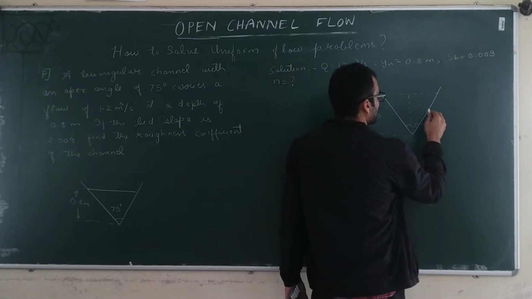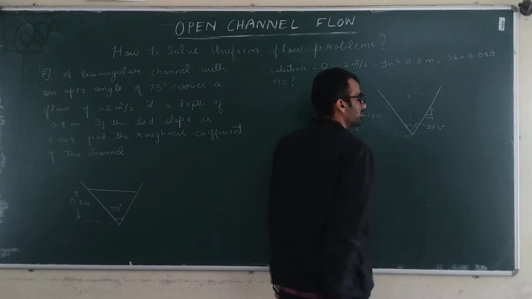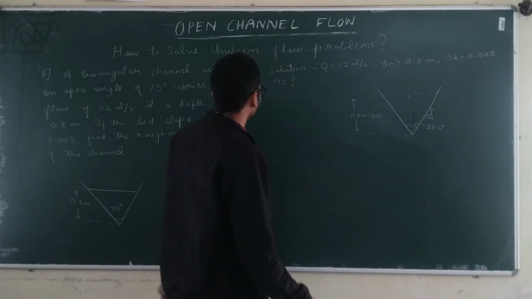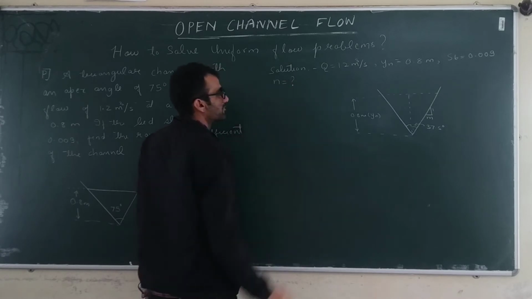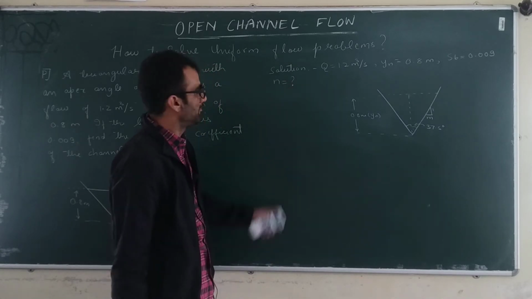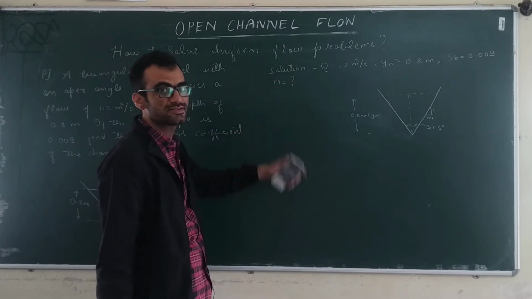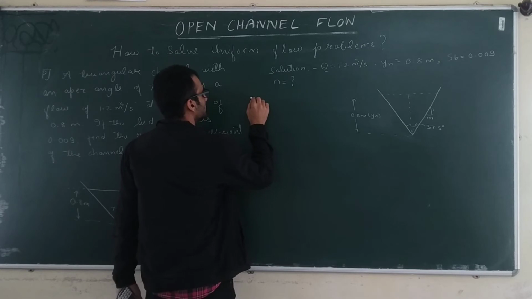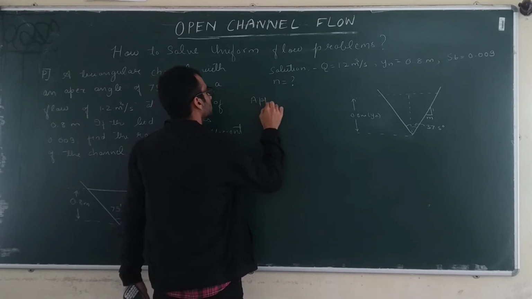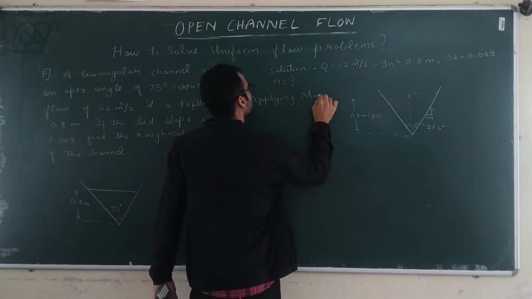Side slope of the triangle we denote by 1 vertical to m horizontal. Now see, we need to find out the Manning's roughness coefficient, so we have to use the Manning's formula. If you want to find out Chezy's constant, apply Chezy's formula also. We'll do that also. So applying Manning's formula.